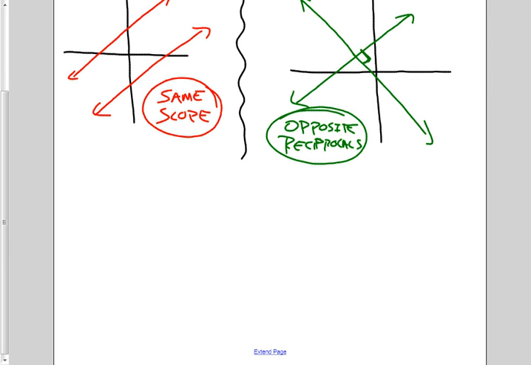But opposite reciprocals are talking that if one of the slopes is 3 over 2, then the opposite reciprocal of that is negative 2 over 3. You flip the fraction and make it a positive versus a negative slope. So both of those things will be in play here.